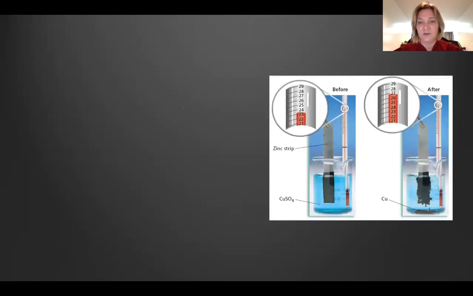We've got a zinc strip inside of a copper sulfate solution. You have copper ions in the solution, and obviously solid zinc. These two are going to react in a redox reaction, which involves a transfer of heat as well, which you see by the increase in temperature.